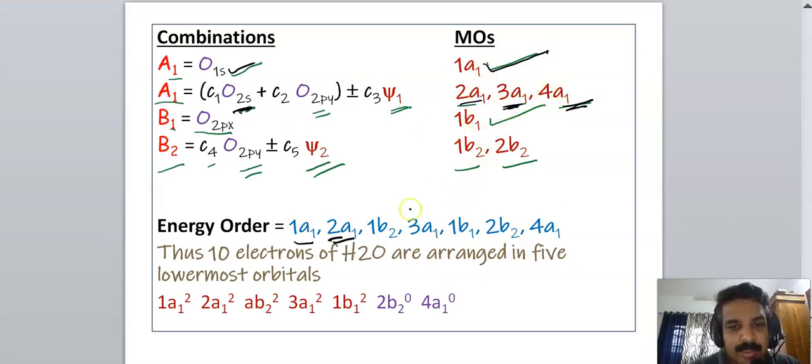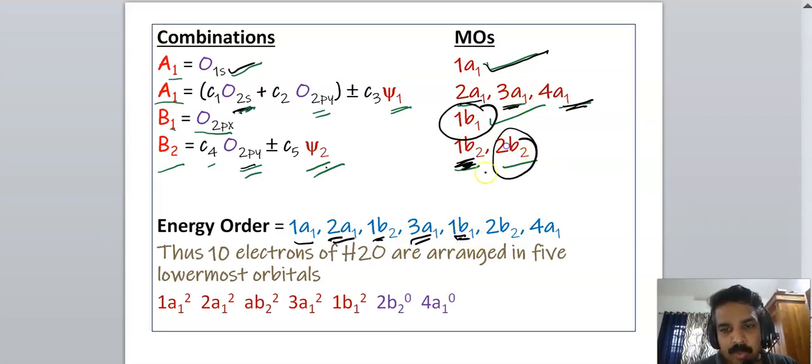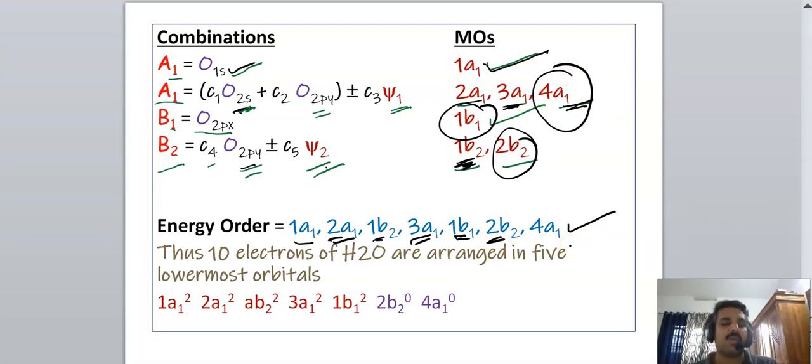Next is, I think, this bonding orbital, that is oxygen 2py combined with psi2, this 1b2 bonding. Next is this non-bonding 3A1, and this is also non-bonding 1b1. And next anti-bonding, this is anti-bonding 2b2, and this is also anti-bonding 4A1. That is the order of energy of molecular orbitals.